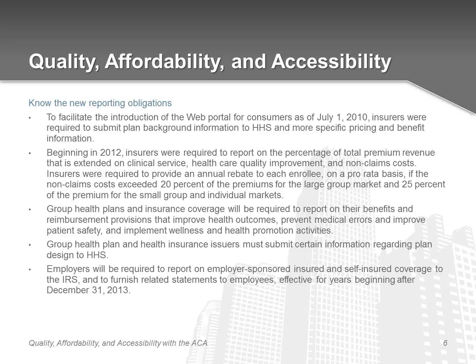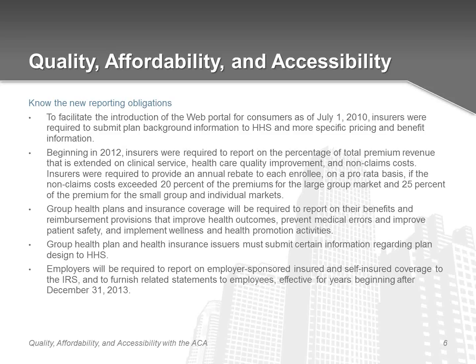Insurers were required to provide an annual rebate to each enrollee. Now that happened last August. You may remember that in the news. A lot of plans, a lot of insurance companies, did not meet the mark, and they had to rebate that money to the enrollees. They have to do that on a pro rata basis if the non-claims cost exceeded 20% of the premium for a large group.